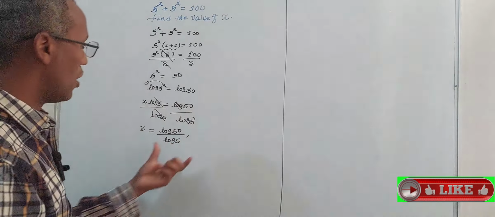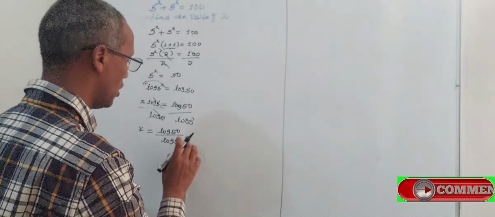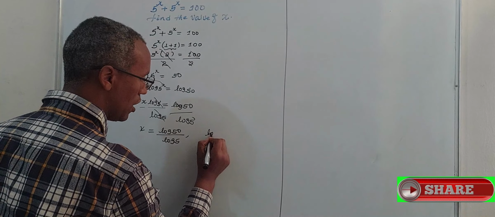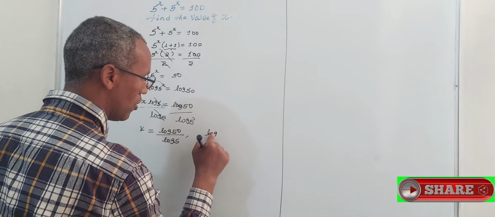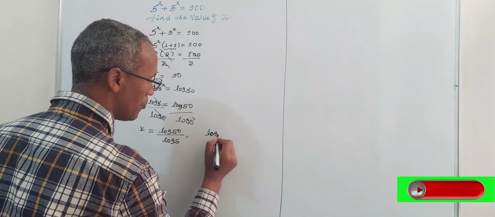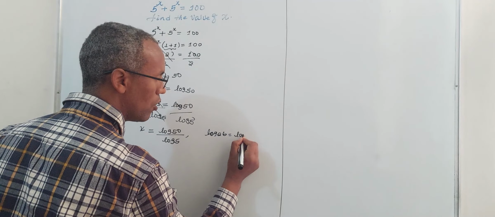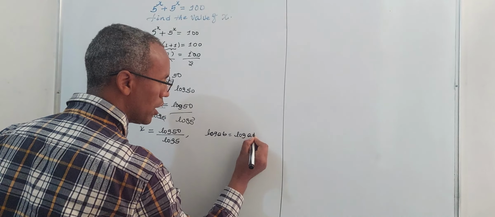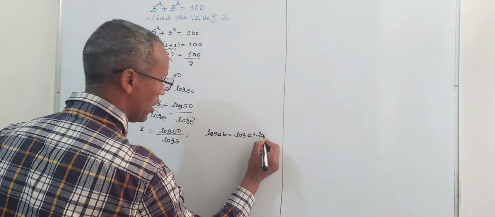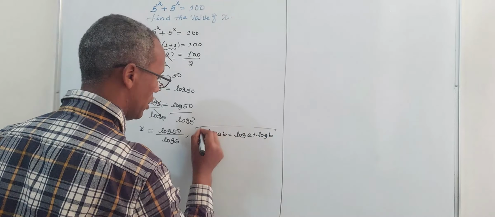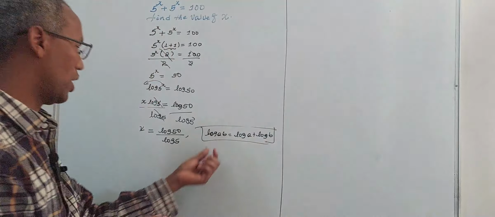And then now we can apply a logarithmic rule, meaning that log of a multiplied with b is equal to log of a plus log of b, right? That is a basic logarithm rule, right?